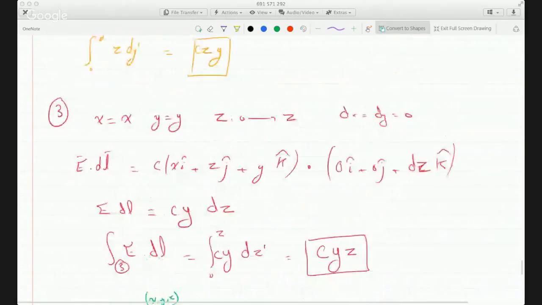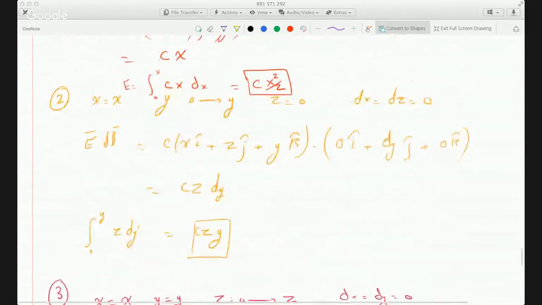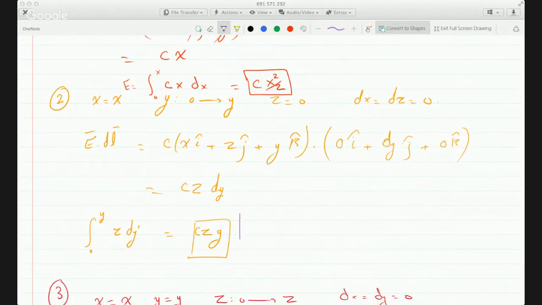On path number one, z is 0, so this guy turns out to be 0. Yeah, it's correct. I just didn't evaluate at z equals 0. So this is 0.